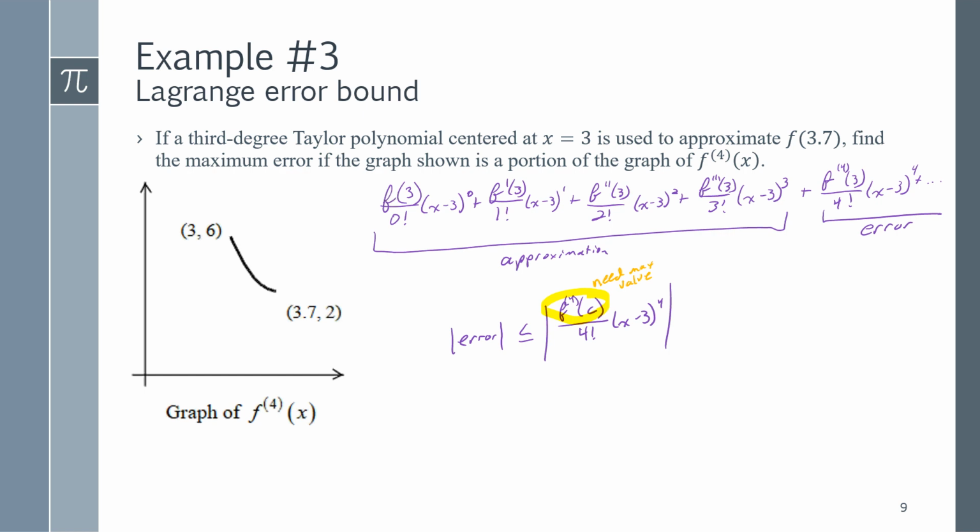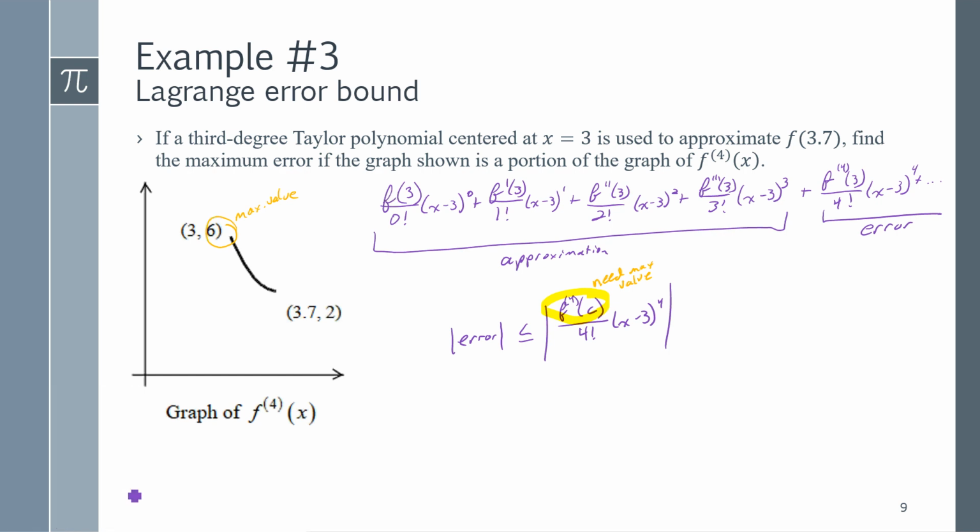Well, this is where the graph of the fourth derivative comes into play. I can see by looking at the graph, here is my maximum value. So yeah, I can see that the c would be 3. It would be my center. But that's not what I care about. What I care about is the maximum value of the fourth derivative is 6.